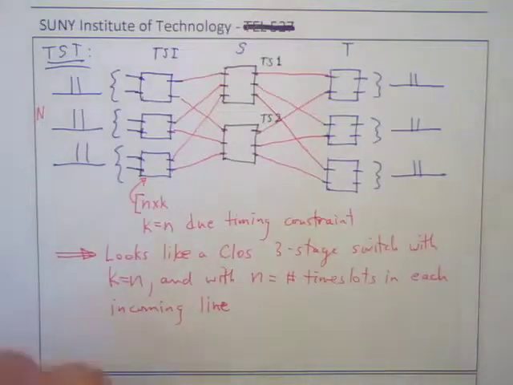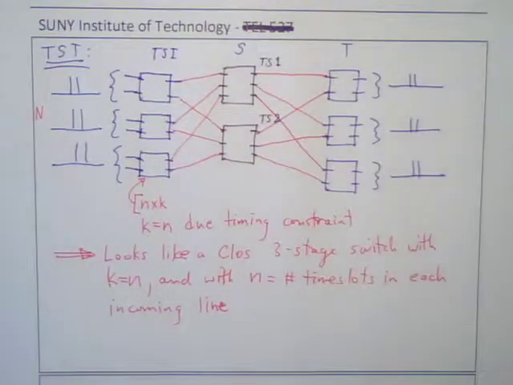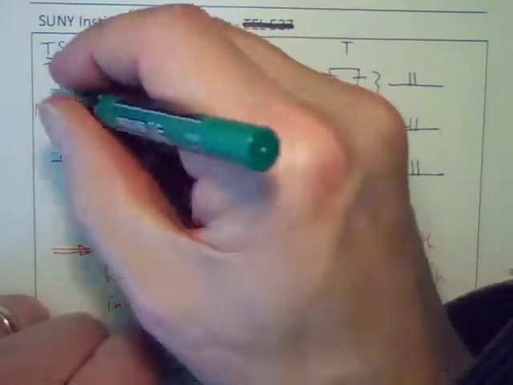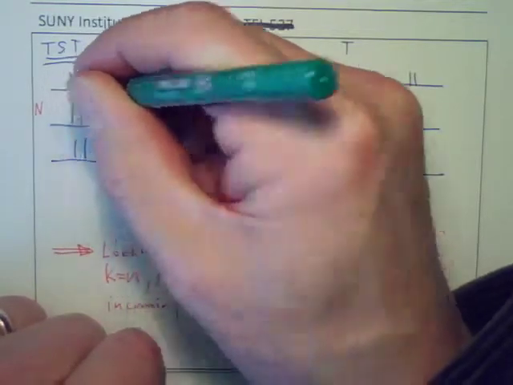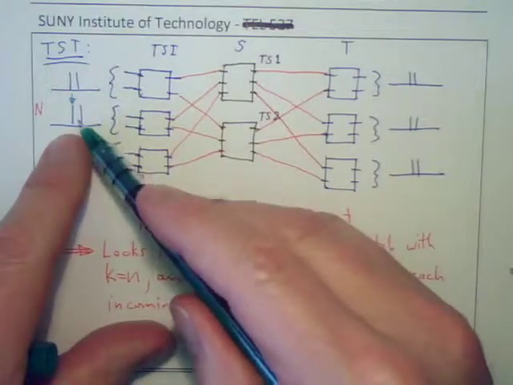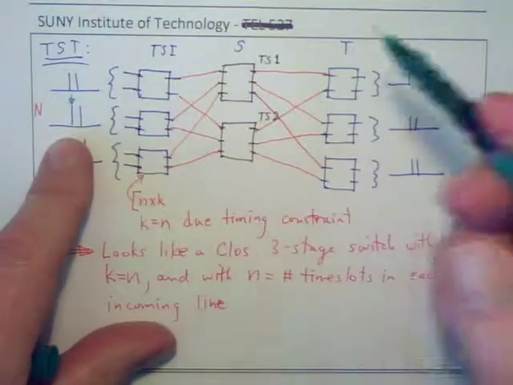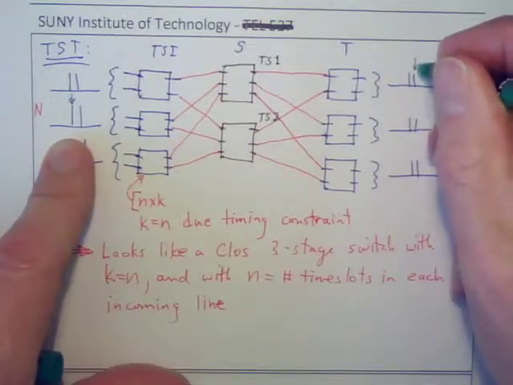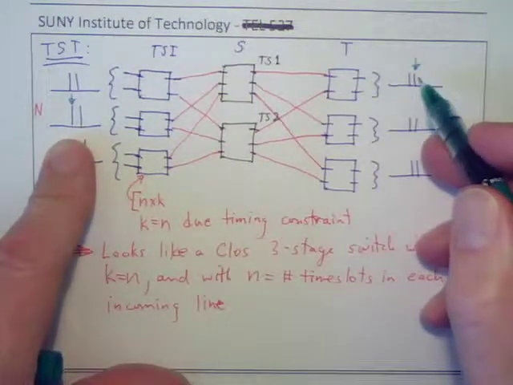You can now take this switch and, for example, ask that time slot 1 on input 2 be mapped to time slot 2 on output number 1.